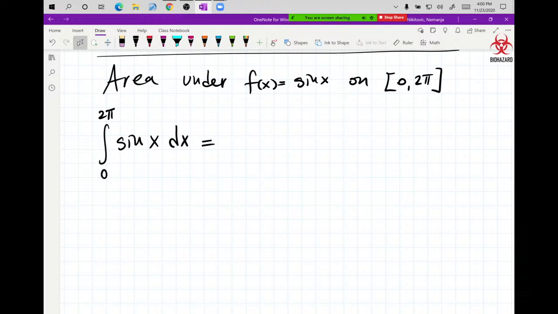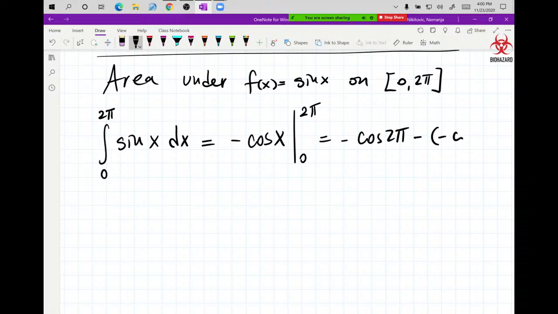So now when you do this, you go and just compute very quickly, and you see that something is wrong, right? Negative cosine 2 pi minus negative cosine of 0. Well, if you draw your cosine graph, you see that at 0, cosine is 1, and also at 2 pi, cosine is also 1.